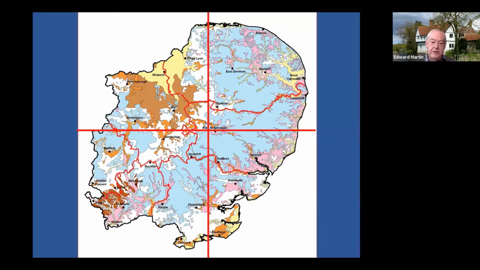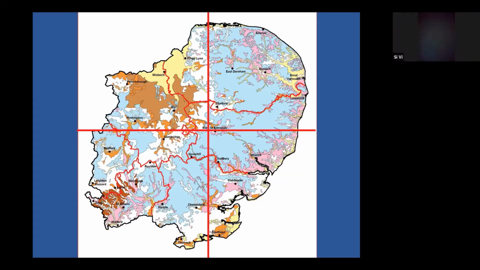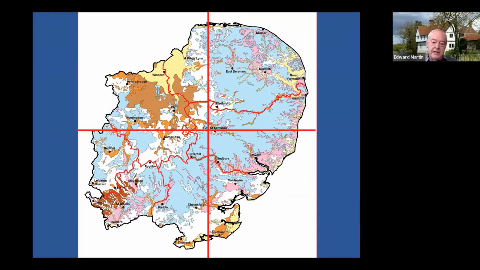For instance, you can see that the Fenland area, Wisbech, and that sort of area, Ely, is in one quarter. There is a lot of Norfolk and North Suffolk in the second quarter, Southeast Suffolk in the third, and then you've got a very more mixed area down in the other quarter toward Royston and areas like that.